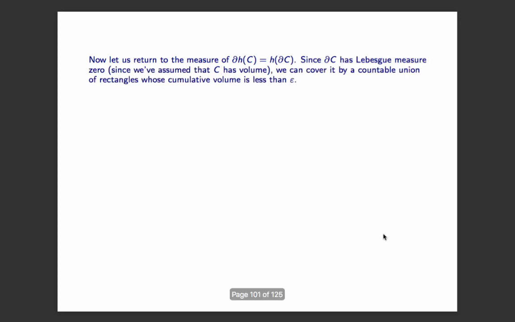So now let's return to the measure of the boundary of h of c, which you know is equal to, by the change of variables formula, h applied to the boundary of c. Now, since the boundary of c has Lebesgue measure 0, since we've assumed that c has volume, we can cover it by a countable union of rectangles whose cumulative volume is less than epsilon.